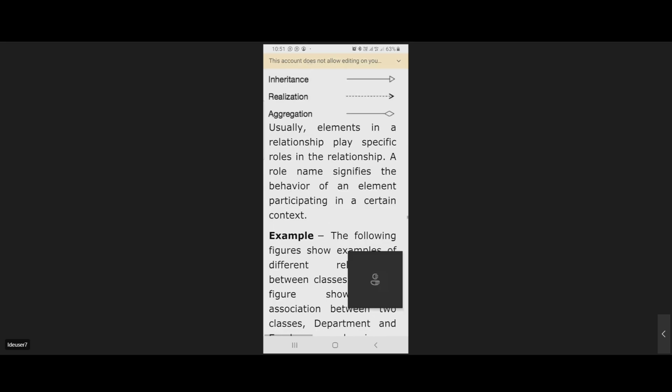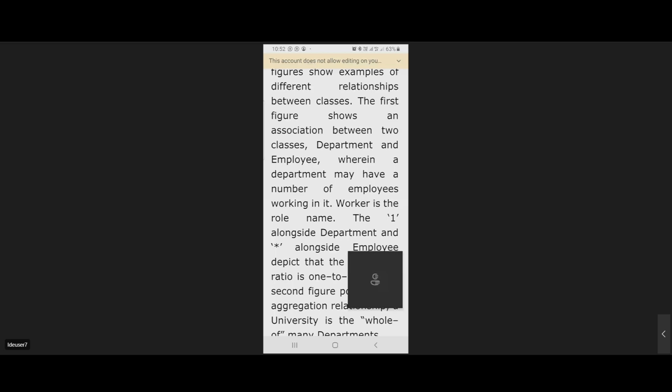The one alongside department and the star alongside employee depict that the cardinality ratio is one to many. The second figure portrays the university relationship, an aggregation: a university is the whole of many departments.